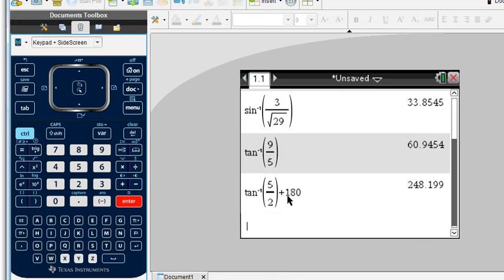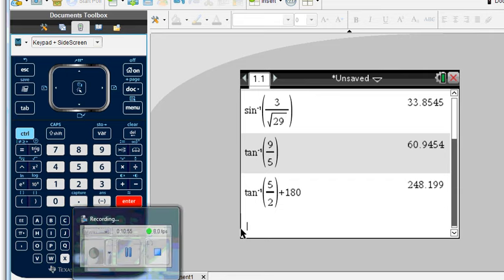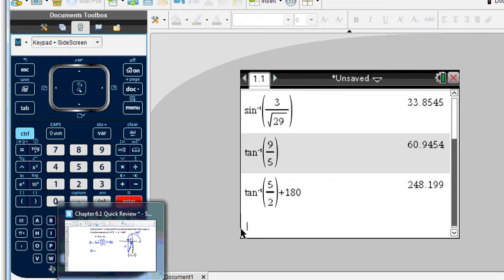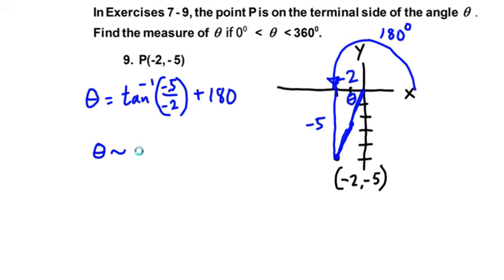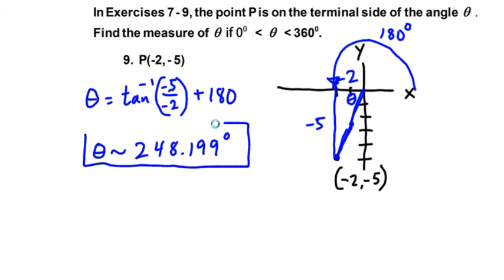And we get 248.199 degrees. Okay, so that's going to be our answer to problem number 9.